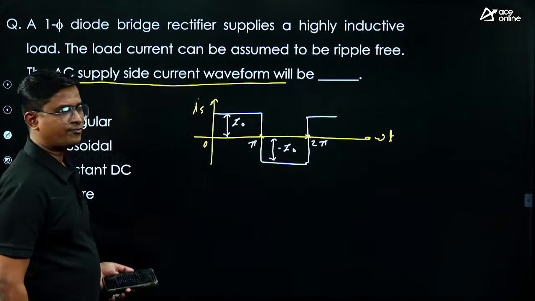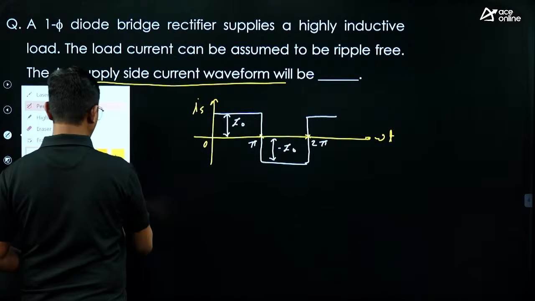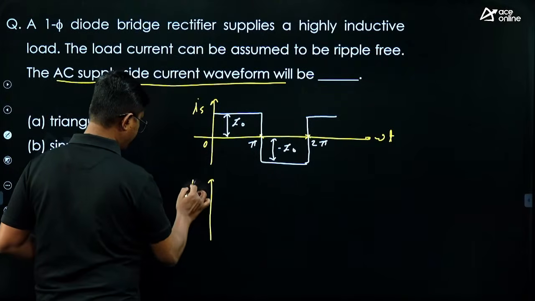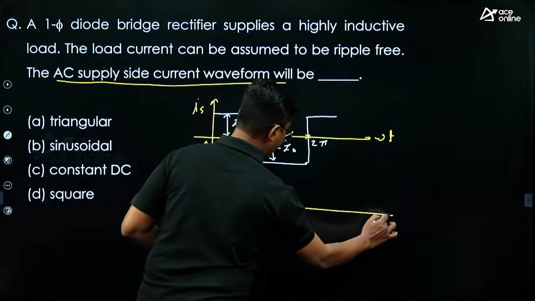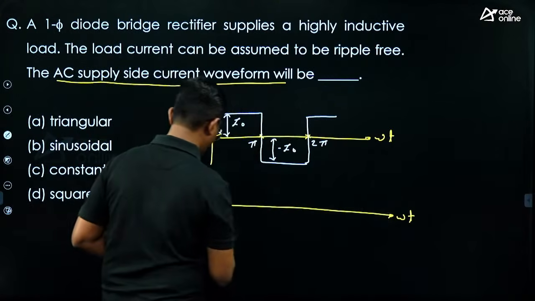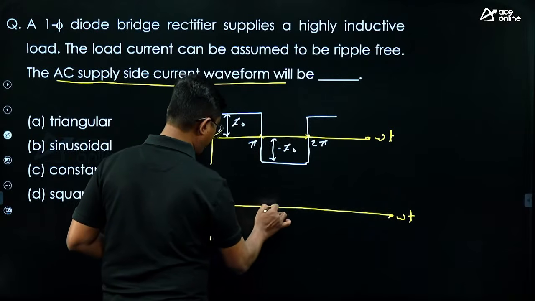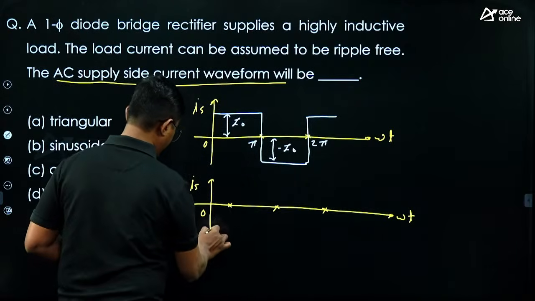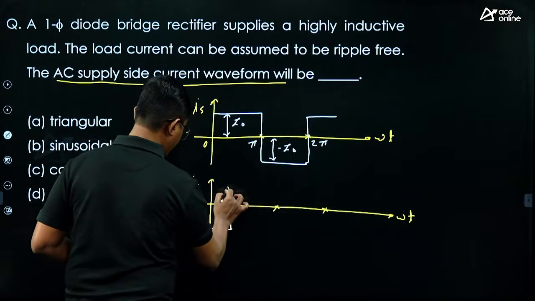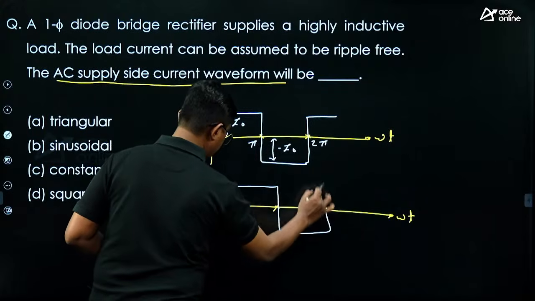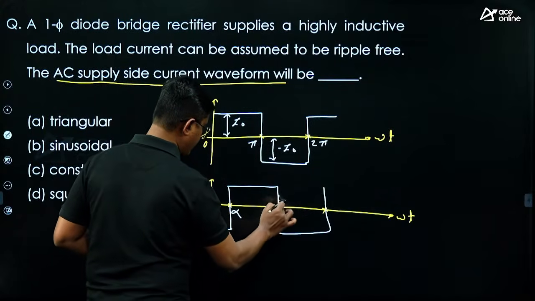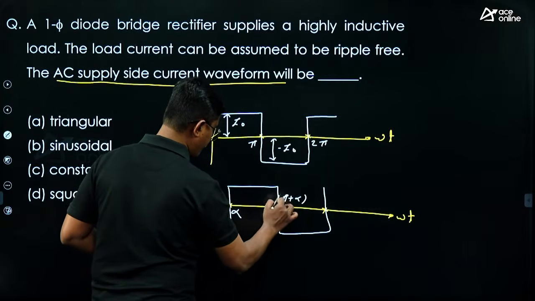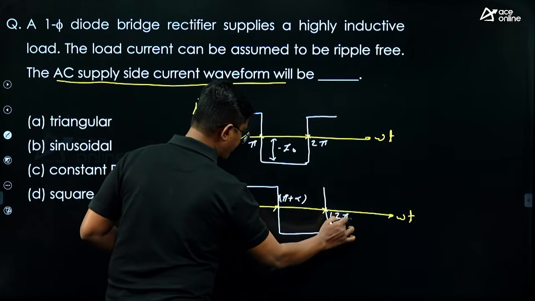This is for diode. For thyristor rectifier, how is the current waveform? It goes alpha, pi plus alpha, 2 pi plus alpha.